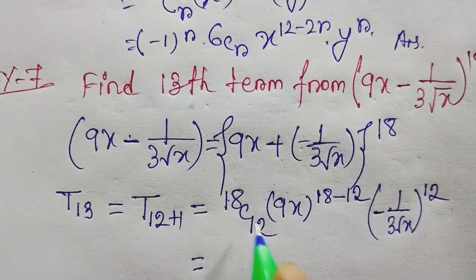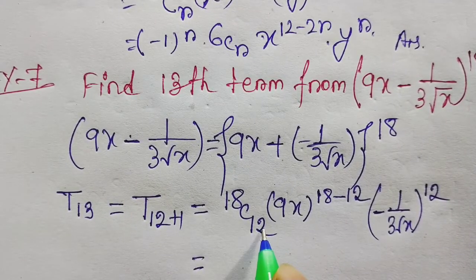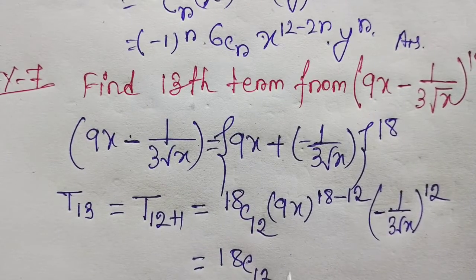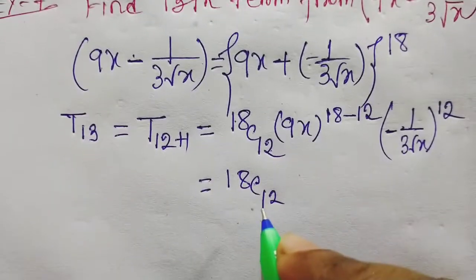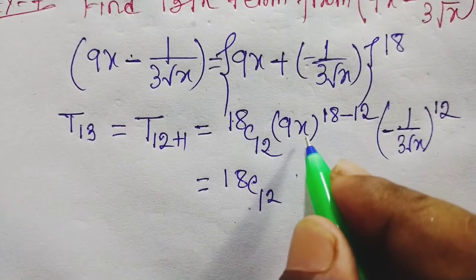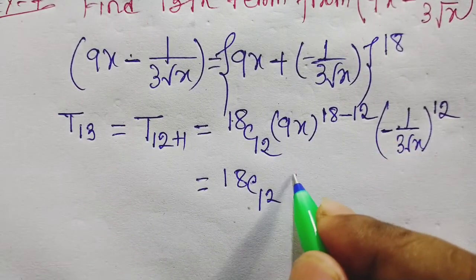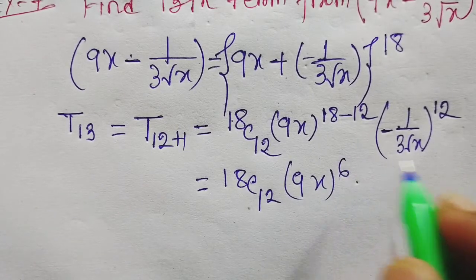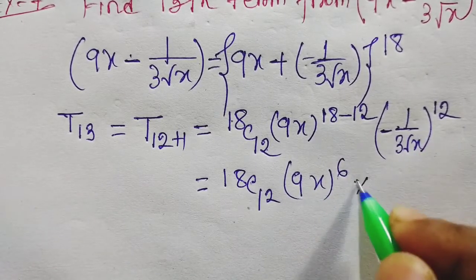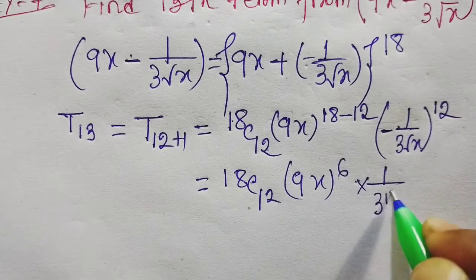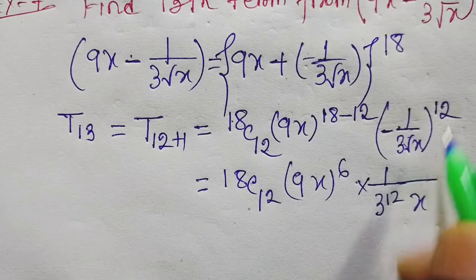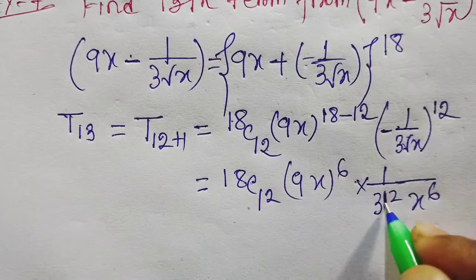Now 18C12, so write here only 18C12. Now (9x) whole to the power 18 minus 12, that means (9x) whole to the power 6, and here 3 to the power 12, also x under root, so root x to the power 12, that means x to the power 6.